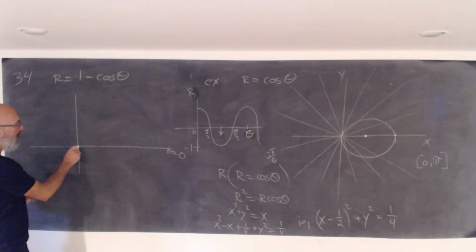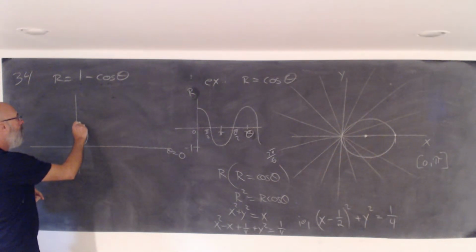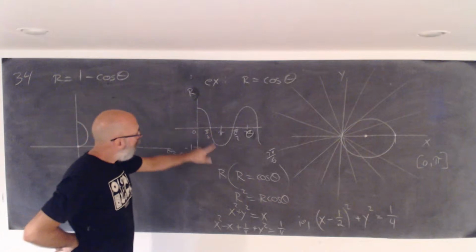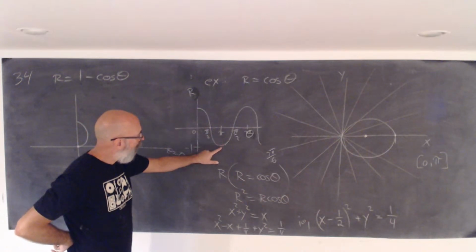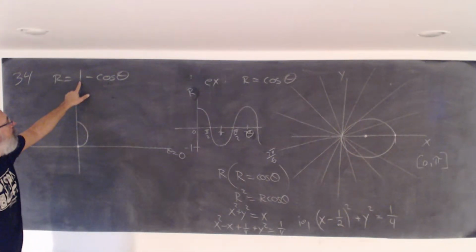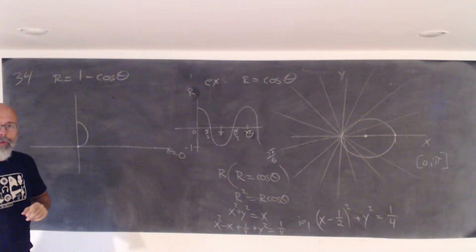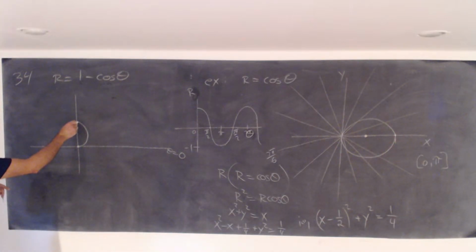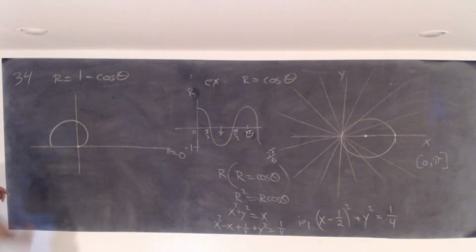So you're increasing all the way to 1 at pi over 2. Then what? Cosine is still decreasing all the way to -1 at pi. So this is going to continue to increase all the way to 2 at pi. So this is getting larger and larger.